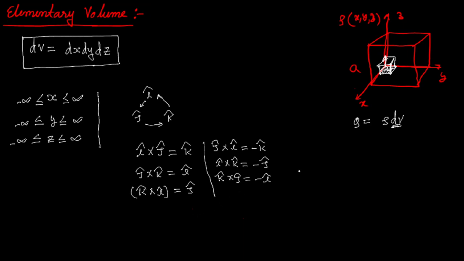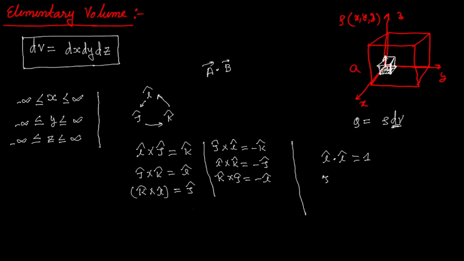And also if we take the dot product of i cap with i cap, that will give you 1, because these are unit vectors. If you take the dot product of two vectors, what does it represent? It represents the projection of one vector along the other. So if we take the projection of i cap along i cap, both are the same vector with magnitude 1, so in this case the projection will be 1.